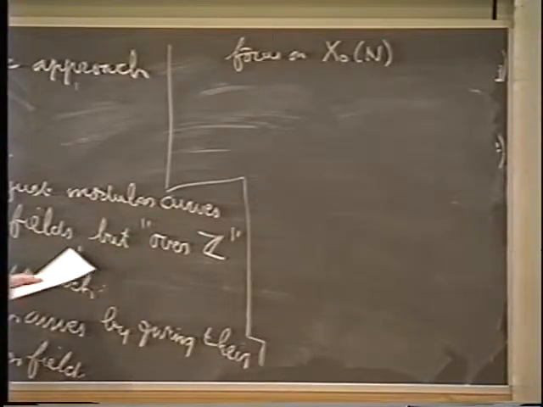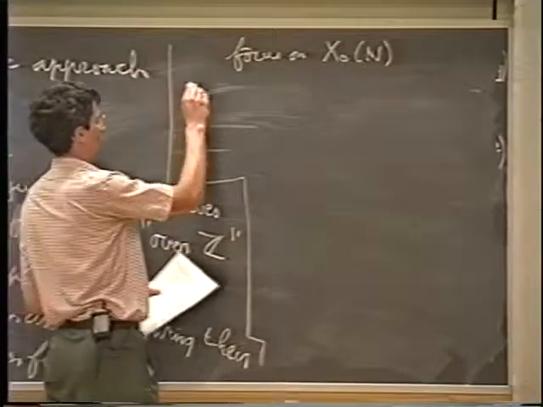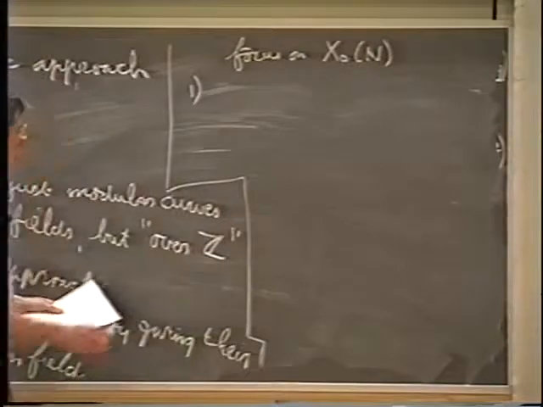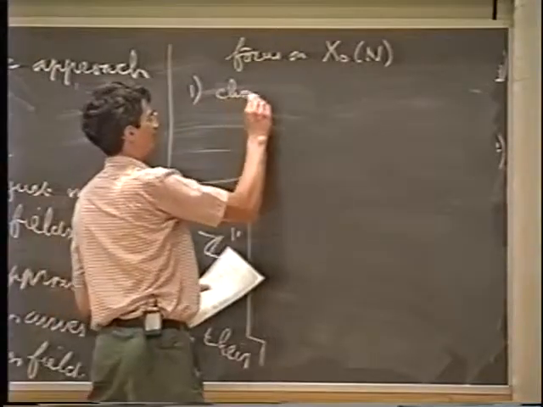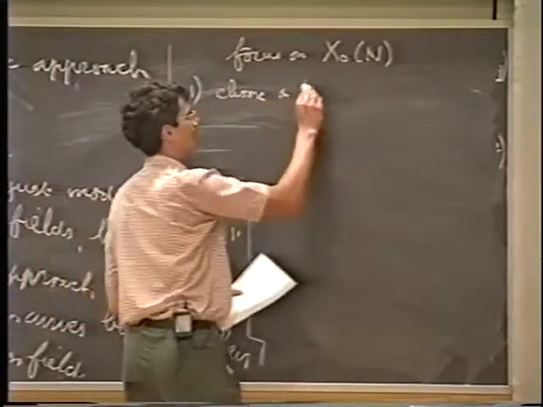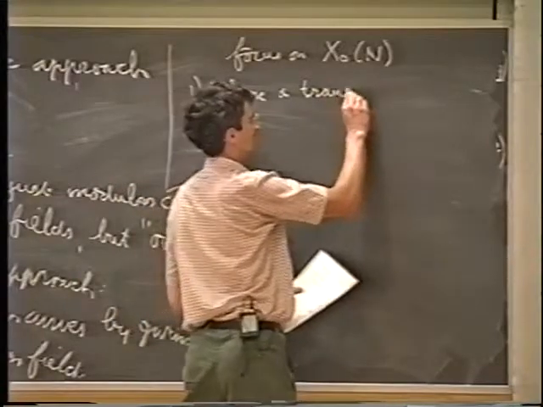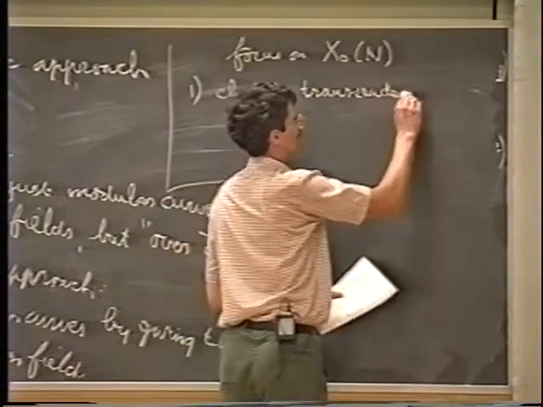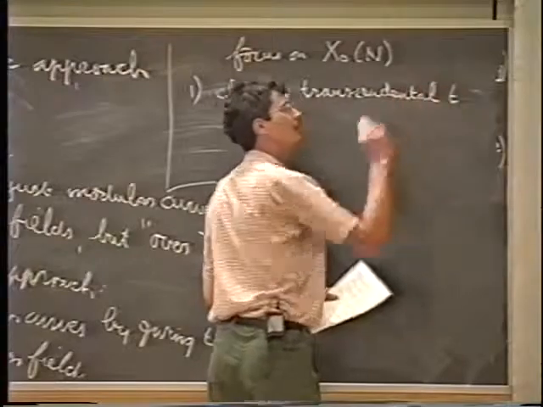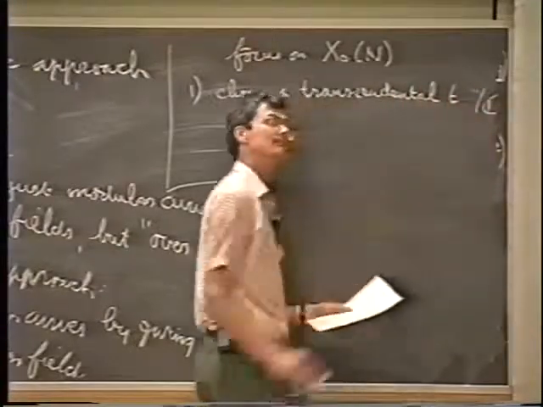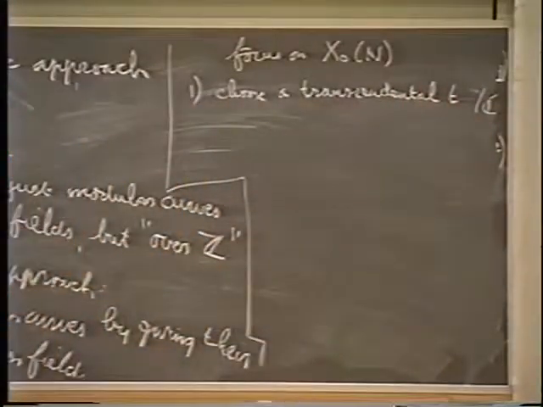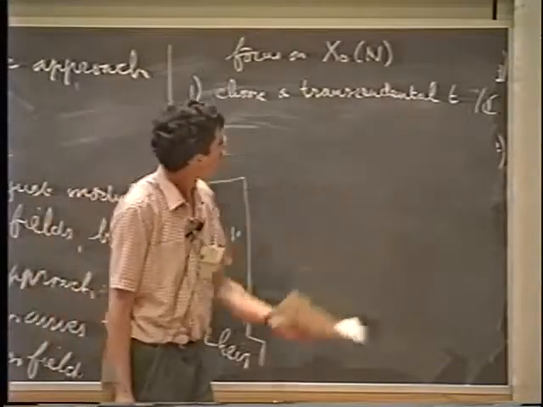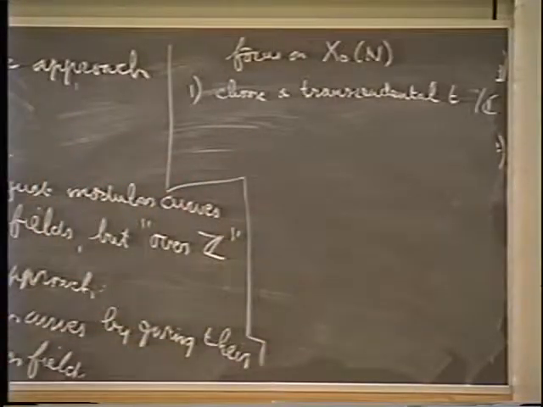So what we do is, first of all, we choose a transcendental T over C. Yeah, so that, well, the field C(T) is the purely transcendental extension of transcendence degree 1.